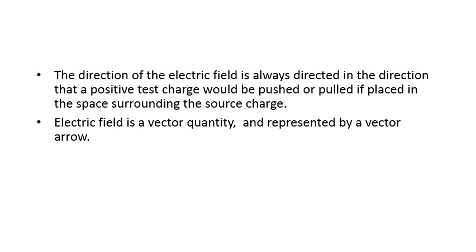There is a convention we are using here. Whenever we use a test charge, whenever we want to check the field, we always consider the test charge as positive, so the field line can be calculated on that basis. The electric field is a vector quantity and is represented by a vector arrow.